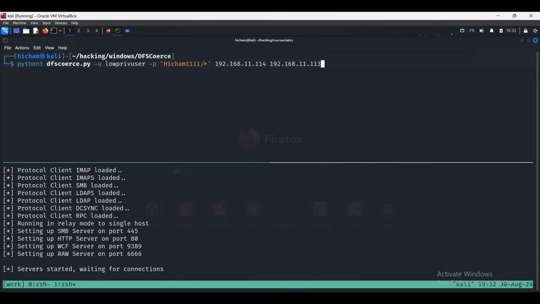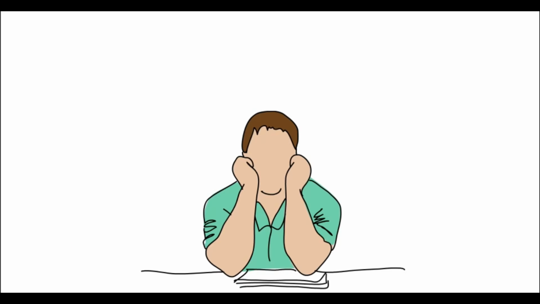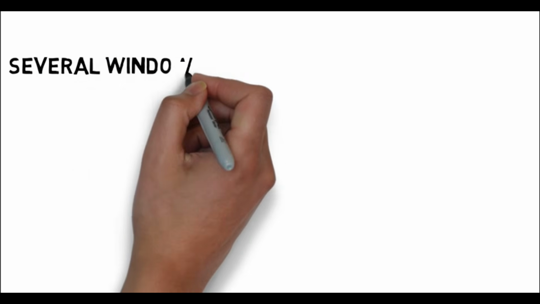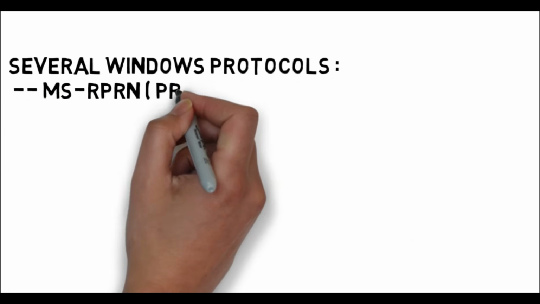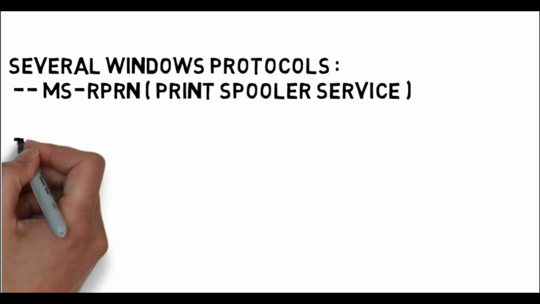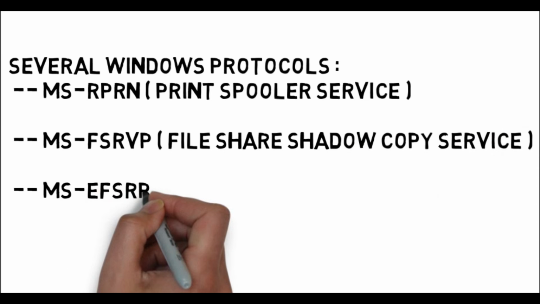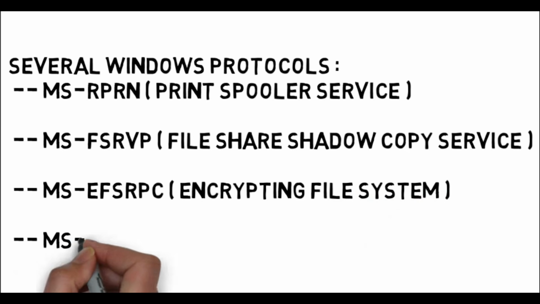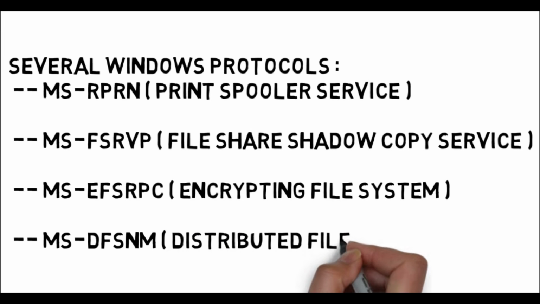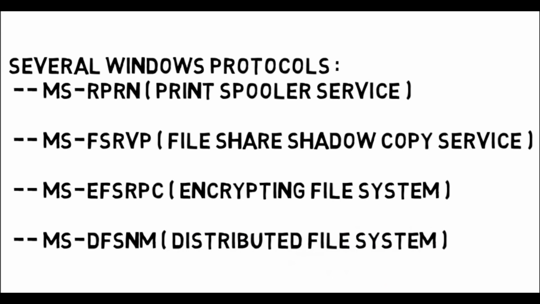We're going to use the DFSCoerce Python script. The core idea behind that tool is based on forcing a Windows machine, typically a domain controller, to initiate a connection to our attacker machine. But why is that possible? Well, several Windows protocols such as MS-RPRN, Print Spooler service, MS-FSRVP, File Server Shadow Copy service, MS-EFSRPC, Encrypting File System, and MS-DFSNM, Distributed File System, allow an authenticated or low-privileged user to interact with the services.